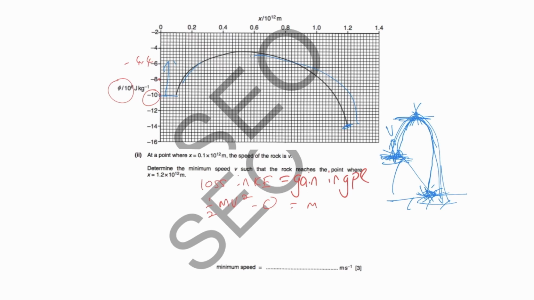So 10 minus 4.4 also can, doesn't matter. So 10 minus 4.4 will give you 5.6. If you're lazy, you can just put that 5.6. Don't forget the 10 to the power of 8. So you can cancel 1m and then you can find the speed. If you calculate, you get your speed as 3.3 times 10 to the power of 4 meters per second.